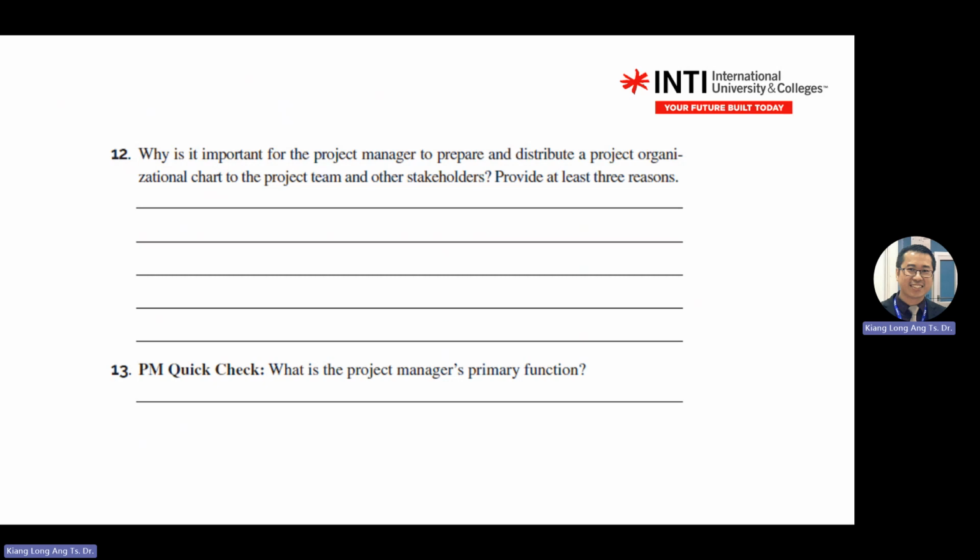What do you think? Edison, why do you think you need an organization chart? Give one reason.